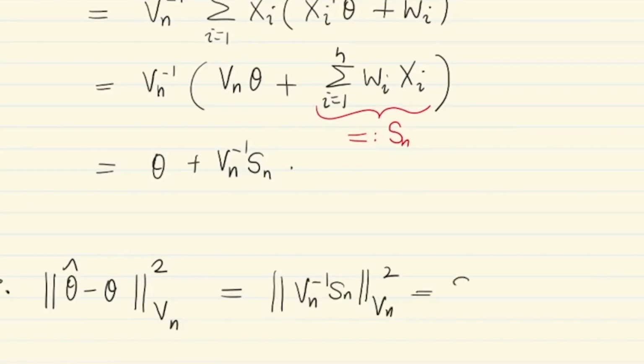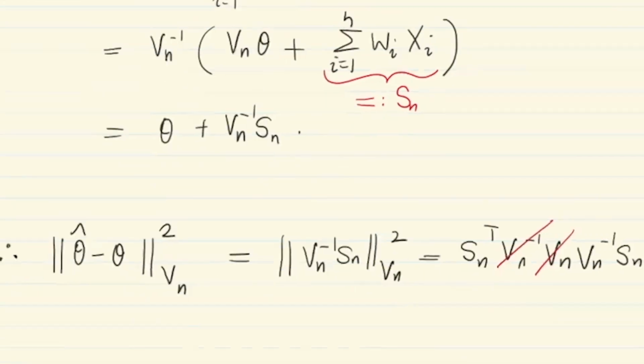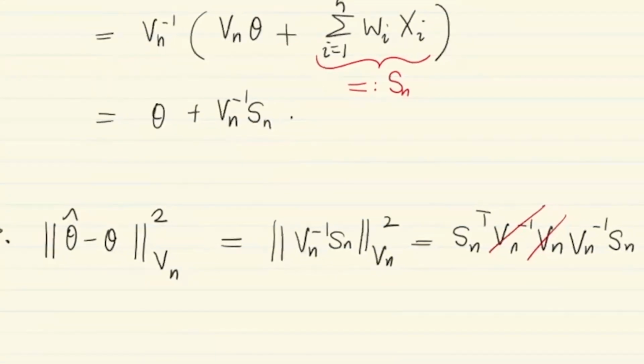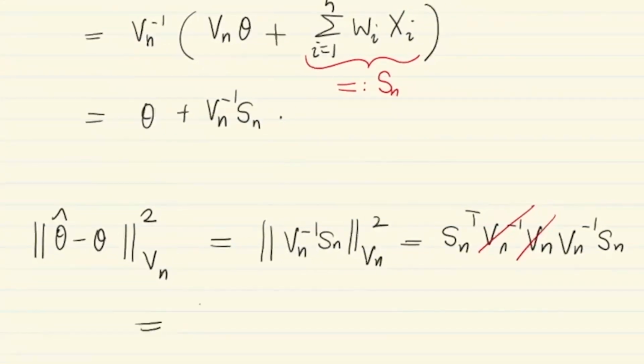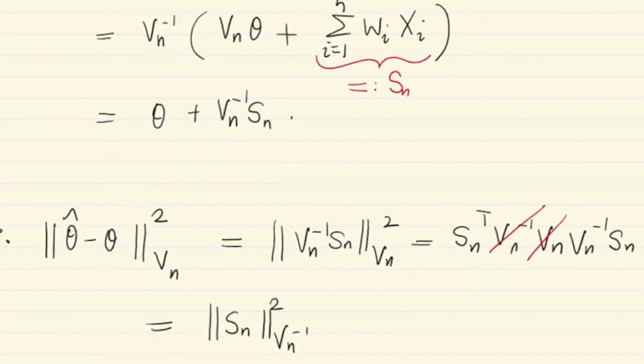By definition, this is Sn transpose Vn inverse, followed by the Vn in between and then again Vn inverse Sn, and so this and this can cancel. So it's equivalent to a certain inverse matrix weighted norm of this quantity Sn.